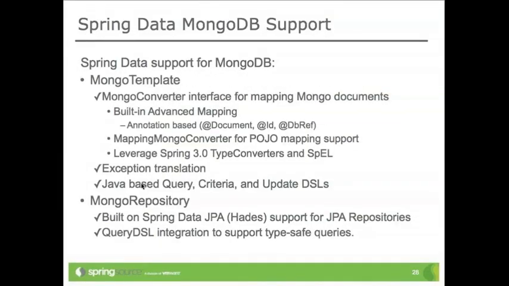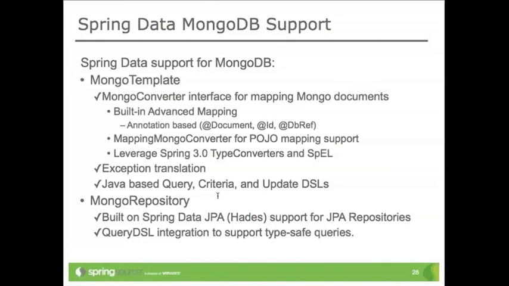So for the MongoDB support, we have the MongoTemplate, which I mentioned is very similar to the JdbcTemplate. It does a couple of things that the JdbcTemplate doesn't do. It does automatically map your POJOs to Mongo documents. And you can control the mapping by providing annotations. Like we have a Document annotation that you can use to say, okay, this POJO is a document that I want to store in Mongo.